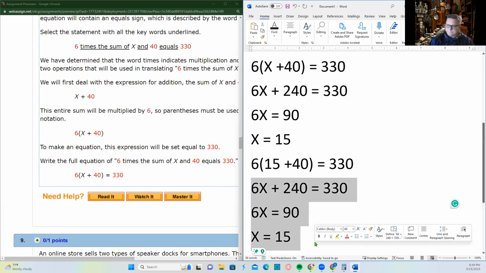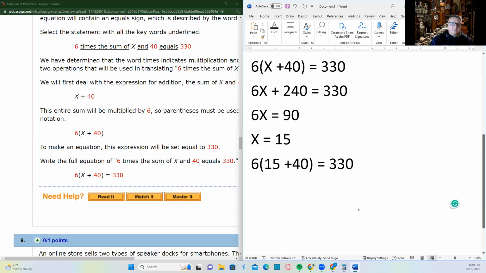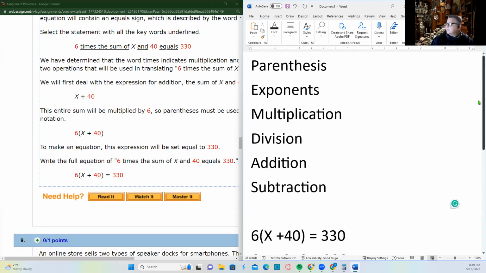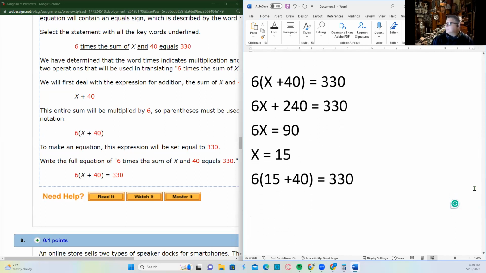Now we go back to our PEMDAS, right? First thing is what's inside the parentheses. So 15 plus 40 is 55. So that becomes 6 times 55 is equal to 330.